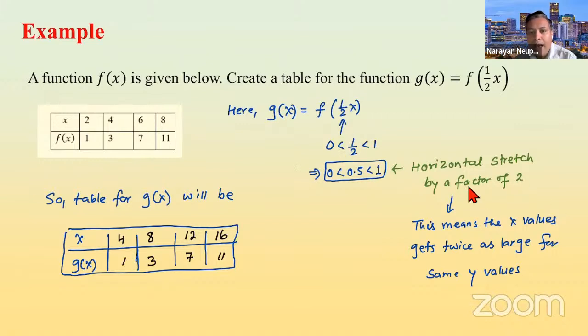That means the x values are increased by 2, keeping the y values the same. So the meaning of that is we double the x values and we keep the y values the same. Once we know the core meaning of that factor, then we can easily construct the table for the transformed function g of x.